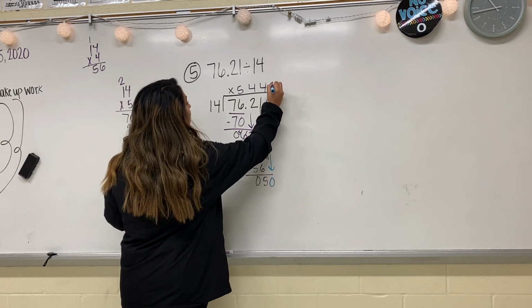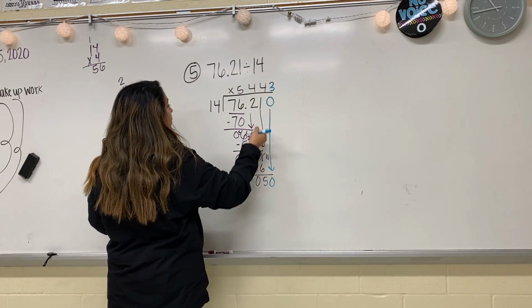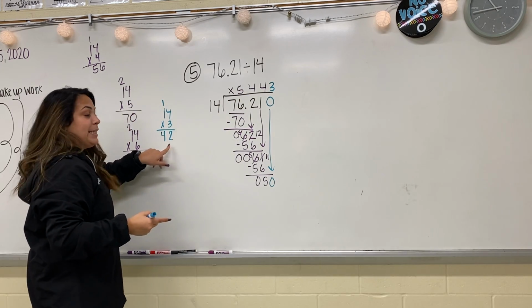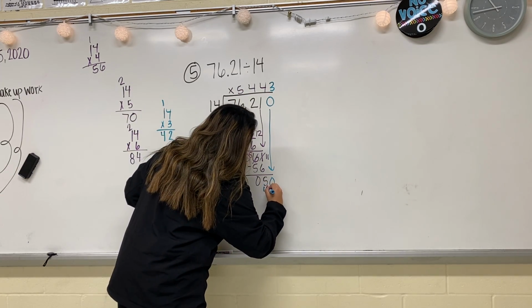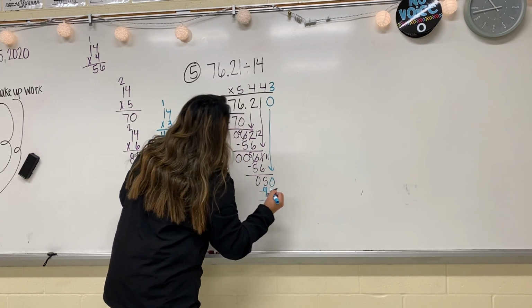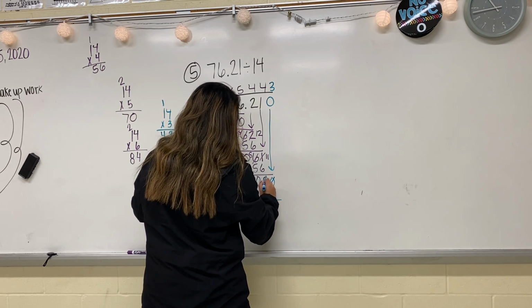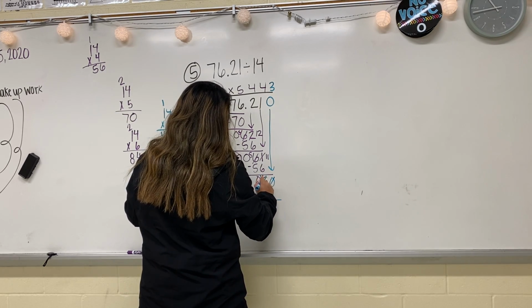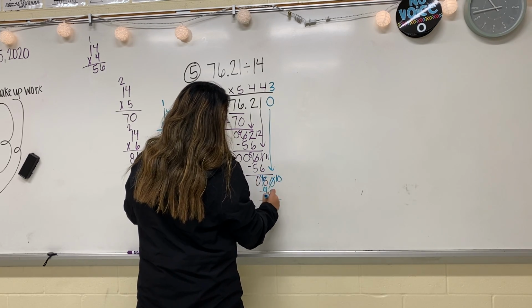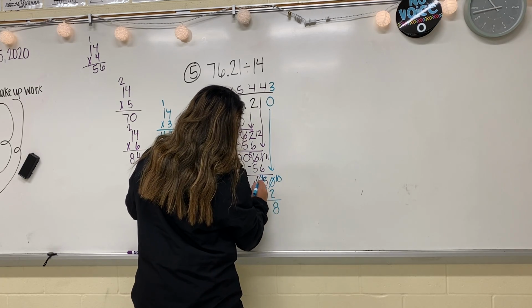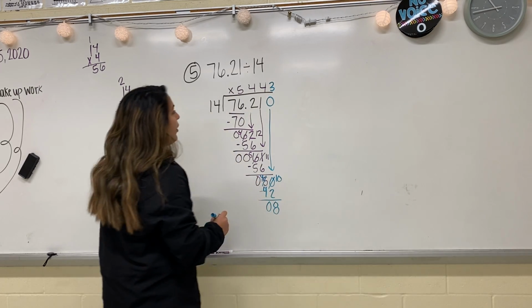So I'm going to put 3 above where I put that 0. 3 times 14, I did it right here, is 42. Subtract. 5 becomes a 4, 0 becomes a 10. 10 minus 2 is 8. 4 minus 4 is 0.